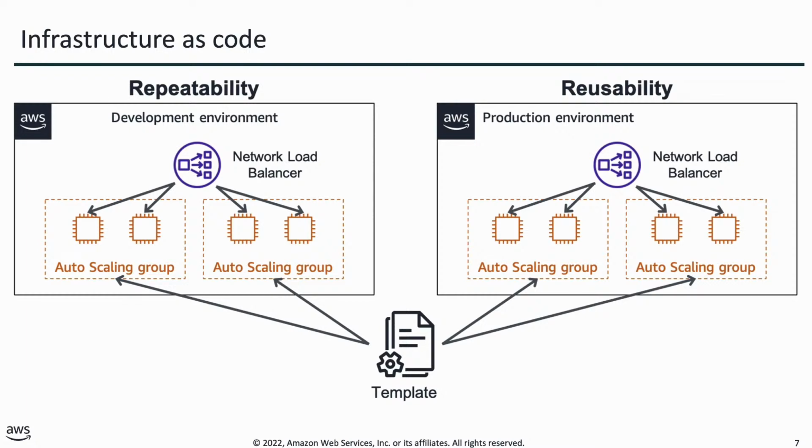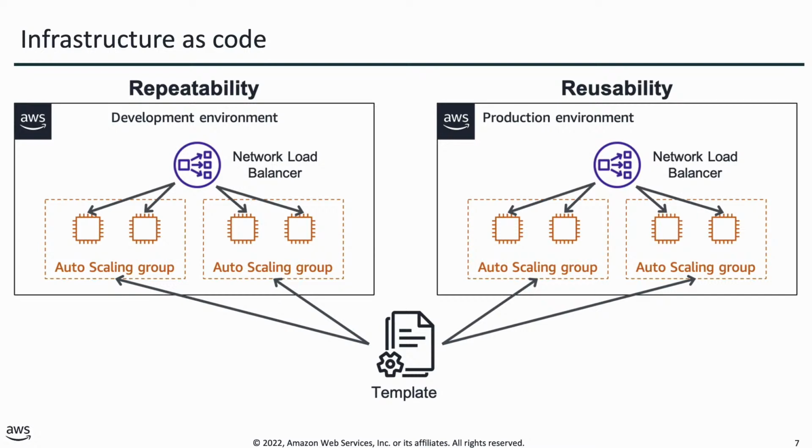And then afterwards, let's say that test is successful, you can use the exact same template with just a few changes, and they could even be triggered from the environment, to launch the resources that have been thoroughly tested in development into production. So you're able to closely map all that hard work that you put into the development environment into production.